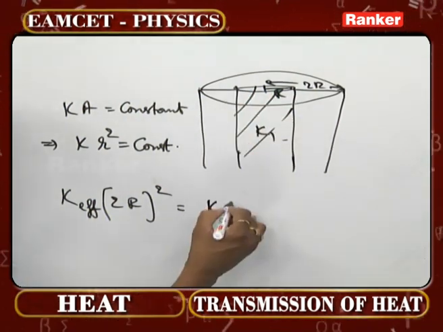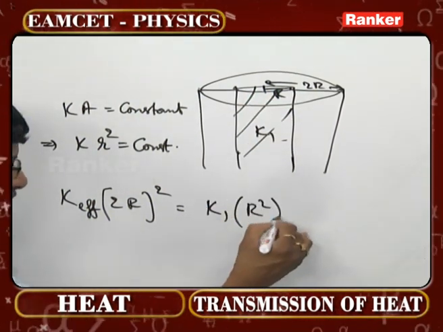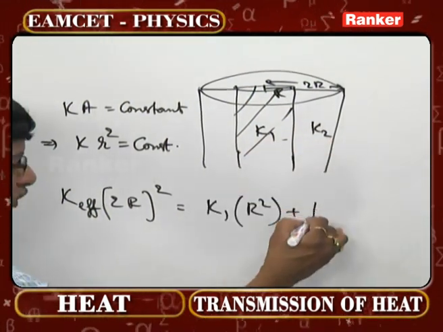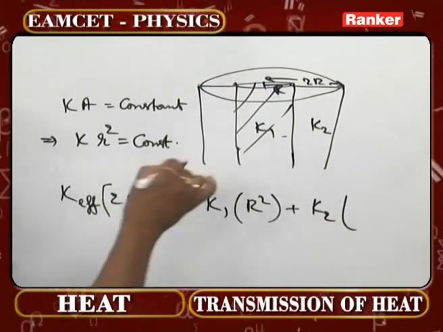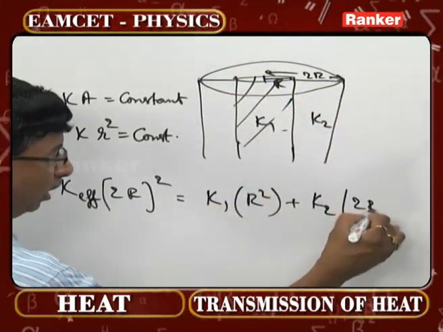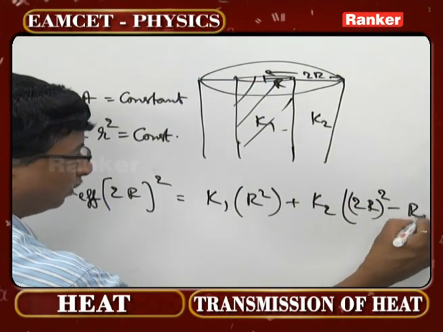K1. What is its radius? r square. Plus, what is the thermal conductivity of the second one? It is no doubt K2. But what is r square for this? It is 2r whole square minus r square. That is the concept.